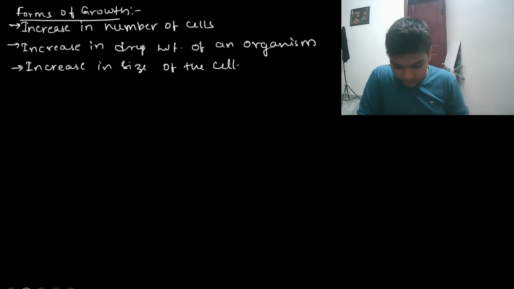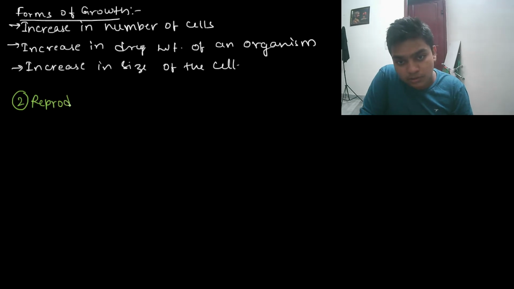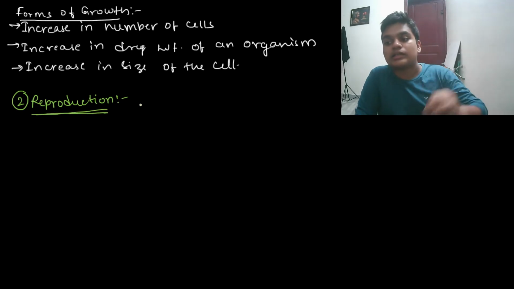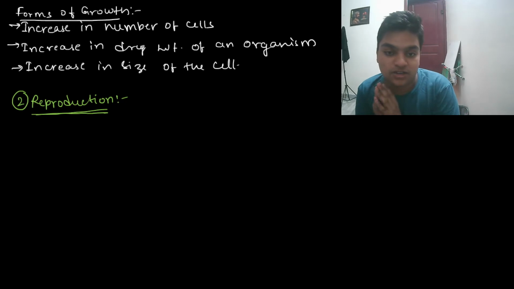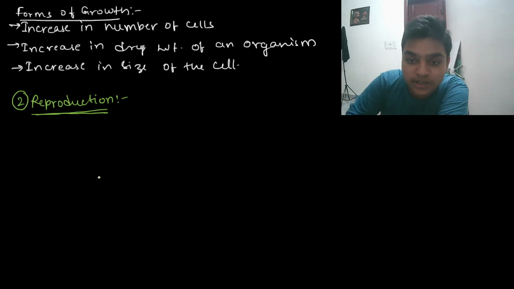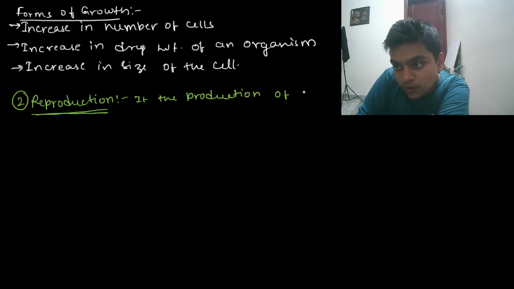Now what is the second thing that comes to your brain when I talk about living organisms? The second general characteristic is reproduction. Reproduction can be a defining feature of living organisms, since reproduction is the production of offspring.